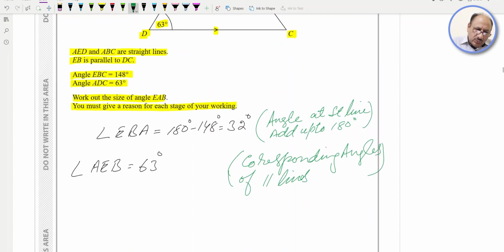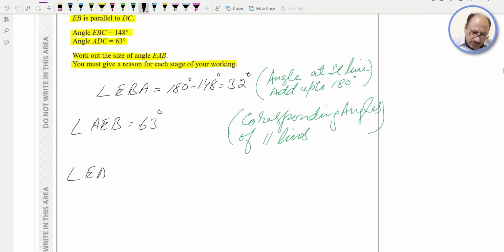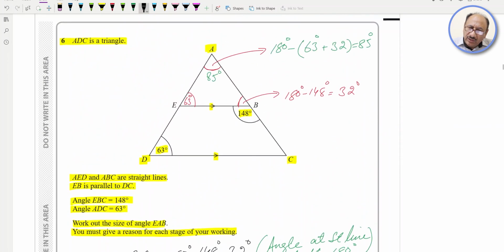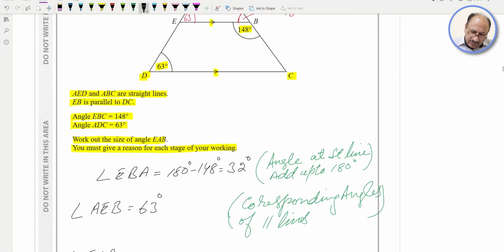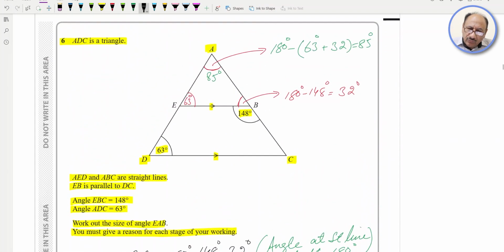So we can write angle EAB. So our last angle EAB is equal to, this working we will write over here, 180 minus (63 plus 32), which is equal to 180 degrees minus 95 degrees, which is equal to 85.